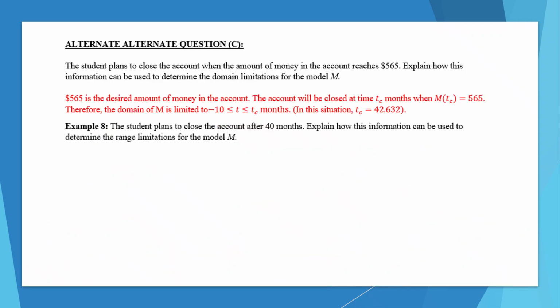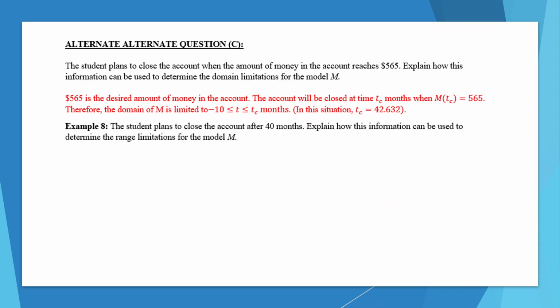And then the final question that you can see is the student plans to close the account when the amount of money in the account reaches $565. Explain how this info can be used to determine the domain limitations for the Model M. So this is really just going to be a question where you use Desmos. So here, $565 is the desired amount of money in this account.